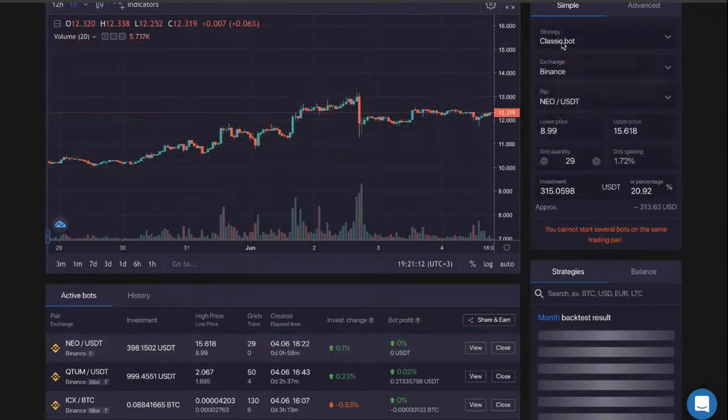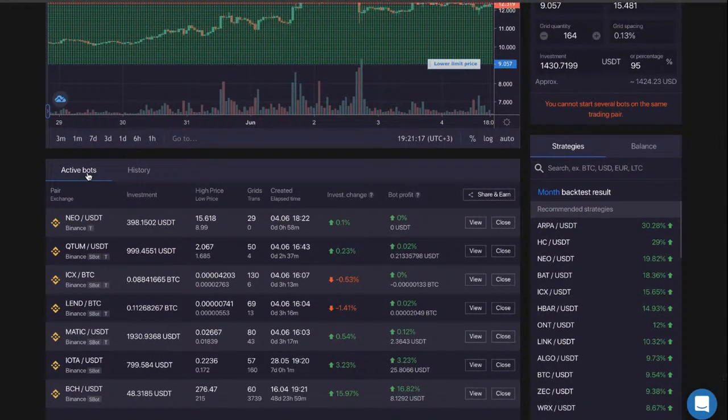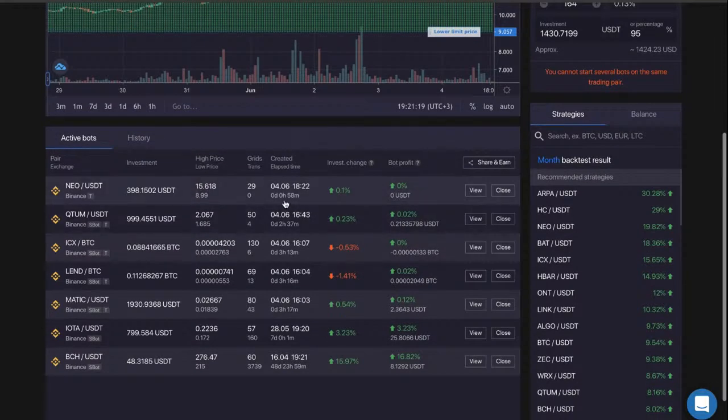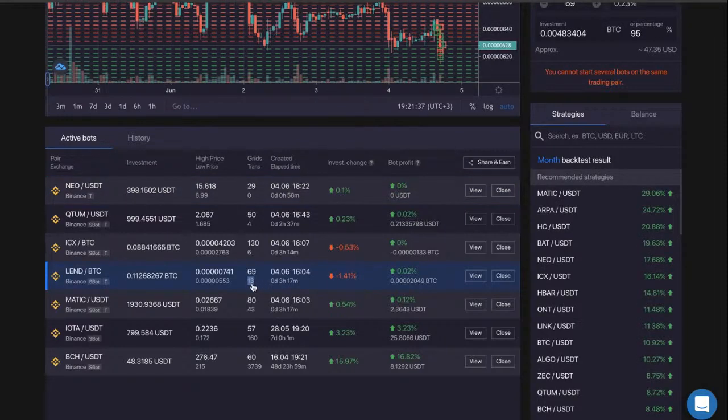All right. And on the left side, you see that I have some active bots already trading for me. Like 5 of them I executed earlier today before the webinar, just to show you. So far, this one has executed 13 trades, and it has already made this amount of profit.